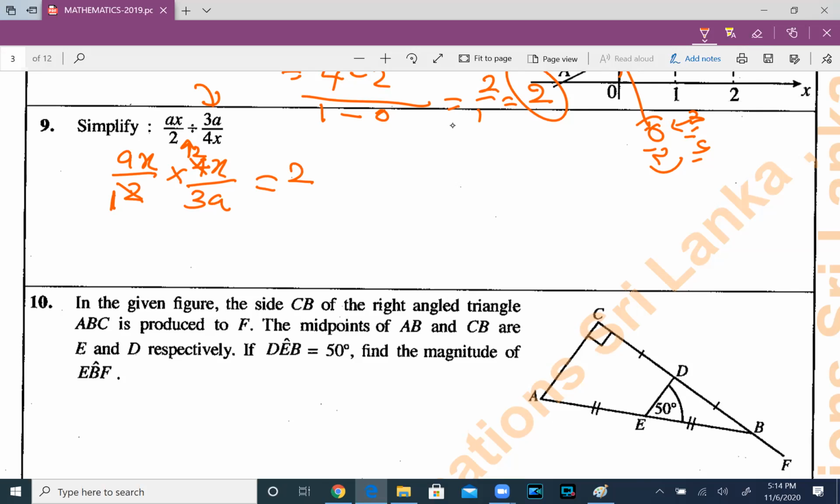Then ax into x is ax square, and down 1, 3. I forgot to simplify here, you can simplify here too. So it is 2x square over 3.